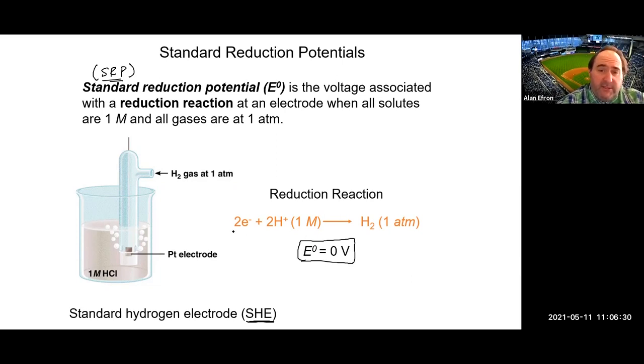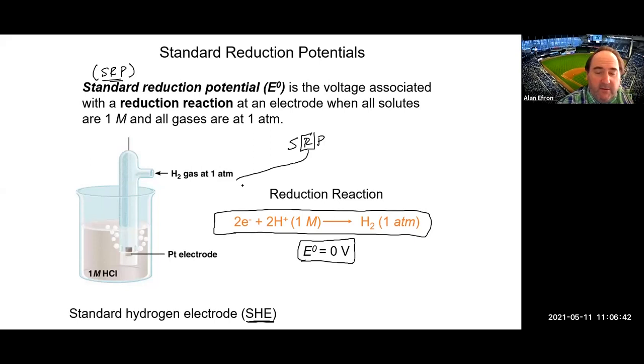For this reaction here, which you should recognize as an SRP reaction, more so the R part, it is a reduction reaction, right? And when we look at these values, and these values are found on a table, they are all 100% reduction values, and they're all 100% reduction reactions.